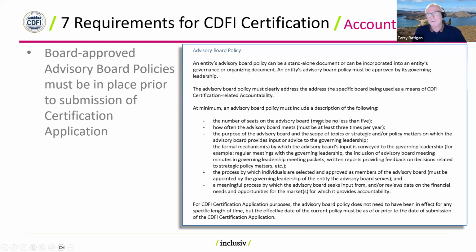And, again, these policy outlines are quite specific. The number of seats on an advisory board, you have to have at least 5 members. You have to have at least one member of your governing board sitting on the advisory board. You have to spell out what the process for selection is, and so on.